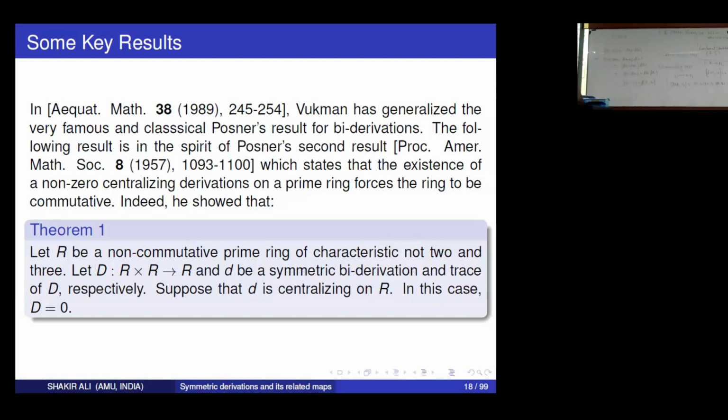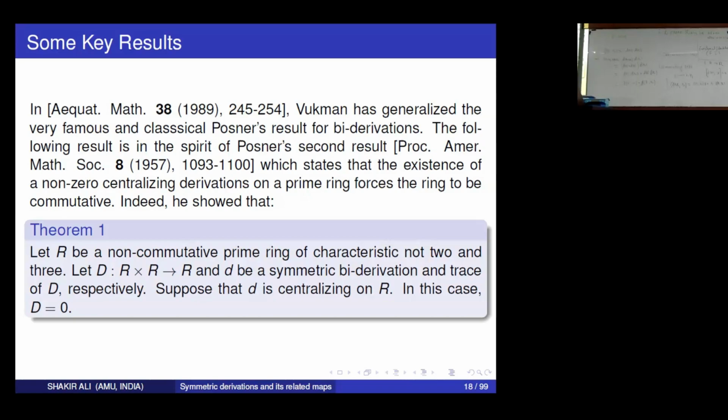Let R be a non-commutative prime ring of characteristic not 2. Characteristic not 2 means 2x is equal to 0 implies x is equal to 0. Sorry, 2x is equal to 0 implies x is equal to minus x. So this is the meaning of characteristic.